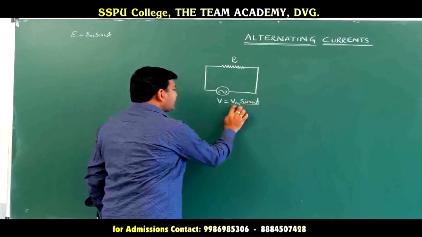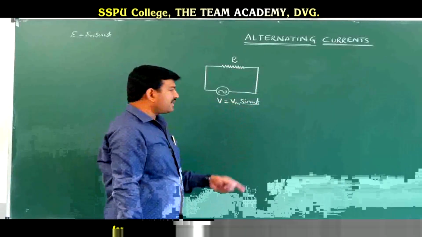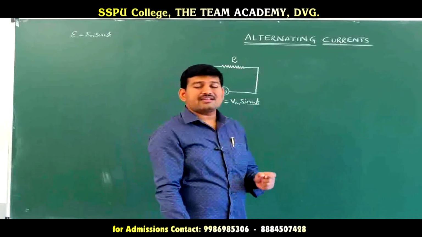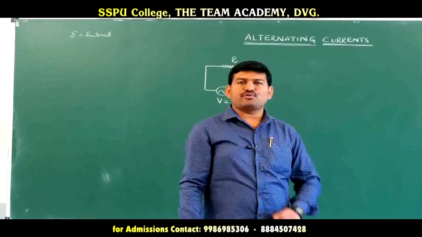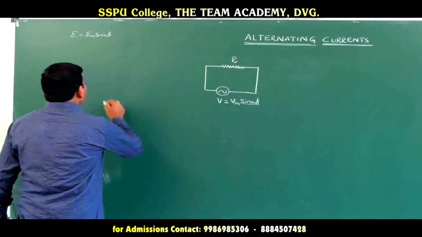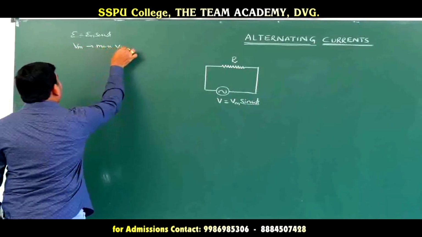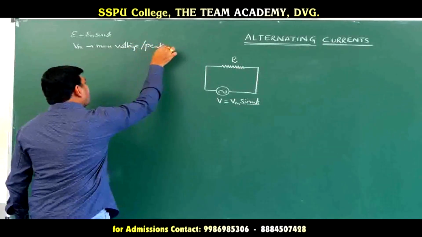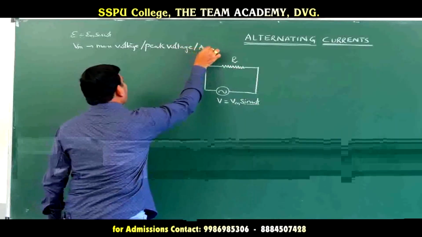Therefore, this Vm is also representing the voltage, but this is the maximum voltage, hence I am taking the suffix m. So Vm is referring to the maximum voltage or the peak voltage or the amplitude of voltage. Is it clear? I can give three names for this Vm: maximum voltage, peak voltage, or amplitude of voltage.